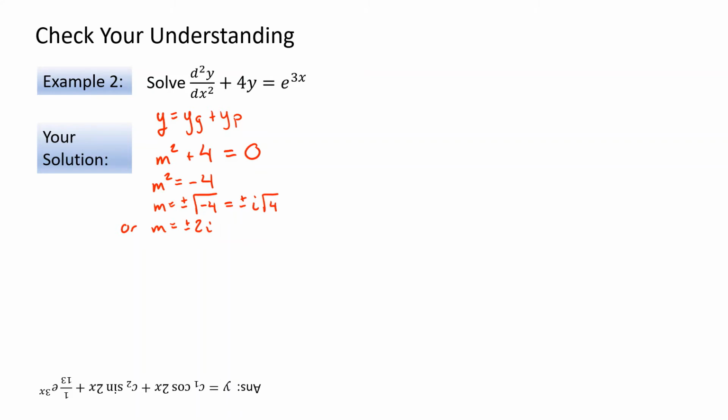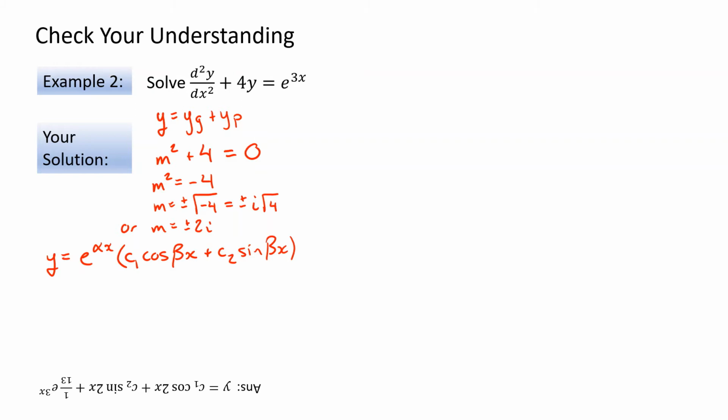Okay? So we have a complex number here, and remember back to when we had complex numbers, our basic form looked a little bit different. We had y equal to e to the alpha x multiplied by c1 cosine of beta x plus c2 times the sine of beta x.